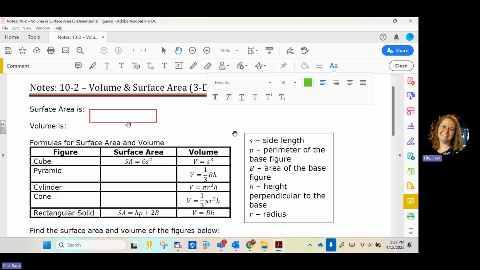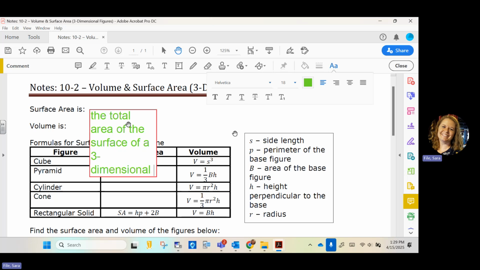All right, so we're going to define surface area as the total area of the surface of a three-dimensional object.